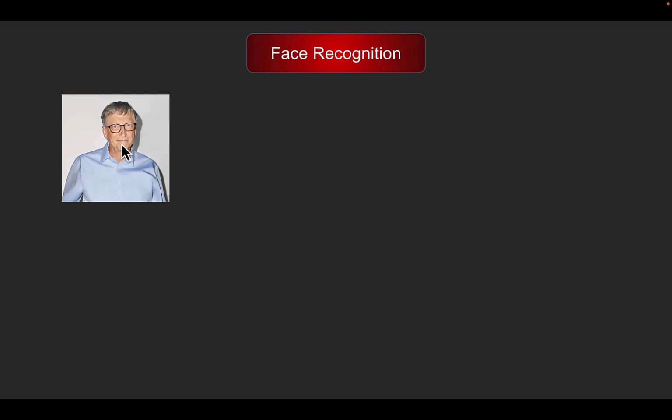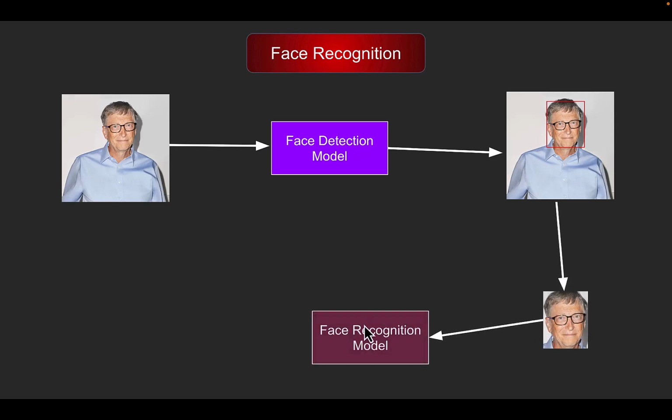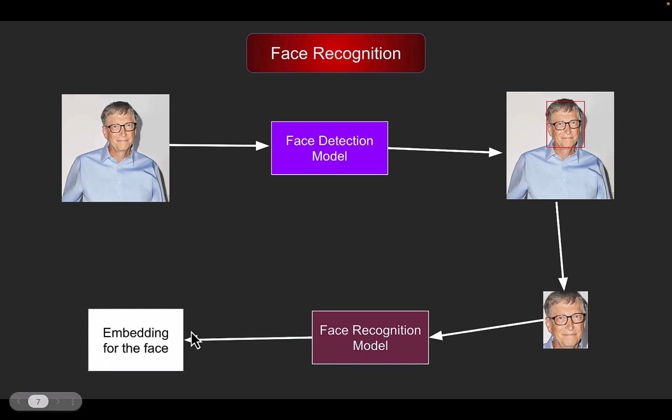Again, after passing the image, firstly it will be passed to our face detection model and we will get the location of the face. After that, we are going to crop that face and pass it to our face recognition model. Now this model is going to generate the embedding. Everything up to this point is similar to face registration.